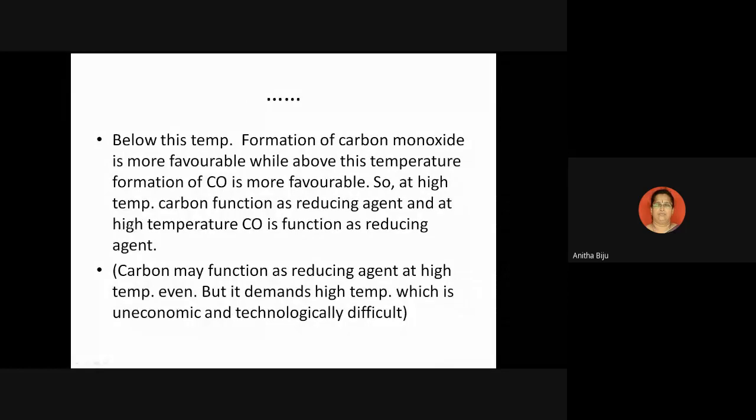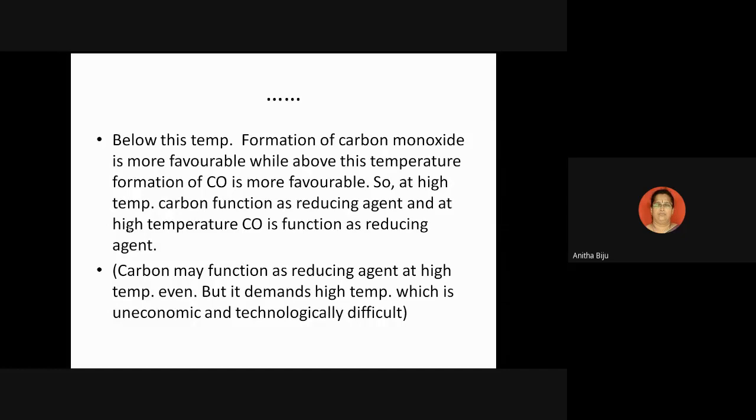Instead of high, here it is lower. At lower temperature, make the correction here, lower. At lower temperature, carbon monoxide functions as a reducing agent. I have rectified it at the last also.